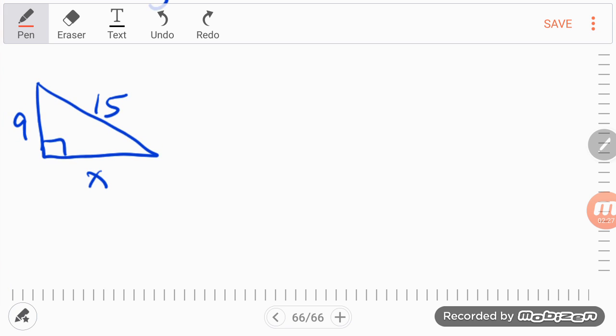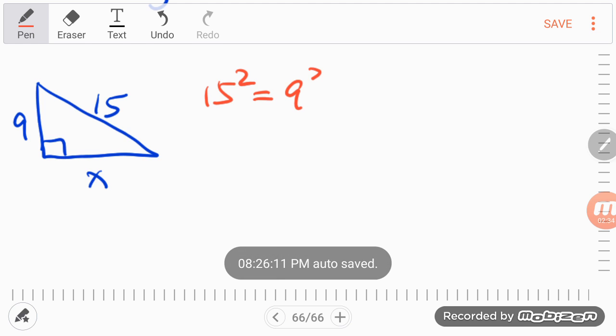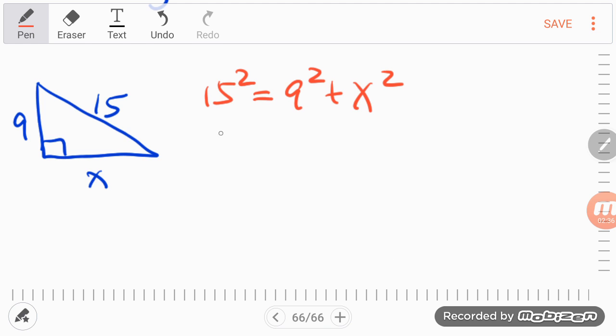My hypotenuse is 15, so I can say 15 squared is equal to 9 squared plus x squared. 15 squared is, sorry, 225, equal to 81 plus x squared.